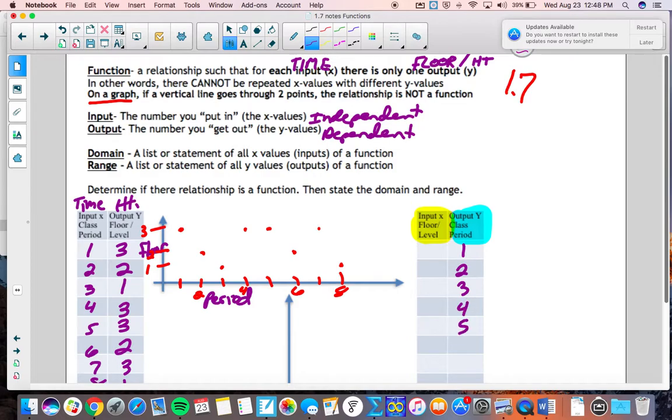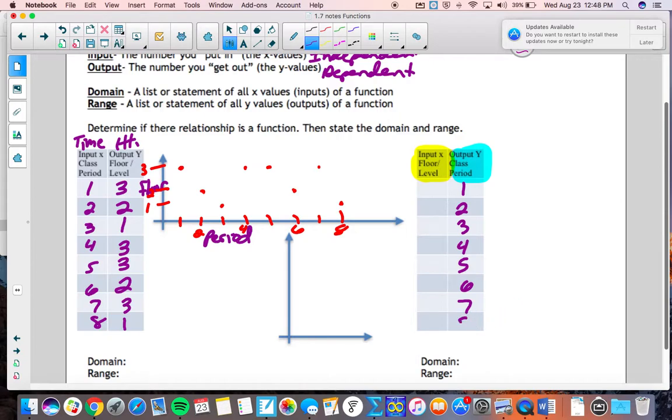And then you take this column and put it over here for your x's. So 3, 2, 1, 3, 3, 2, 3, 1. Now the x values are the floor, and the y values are your period.